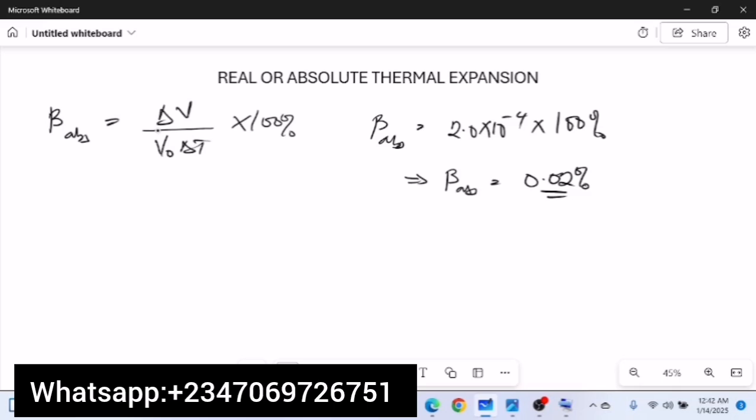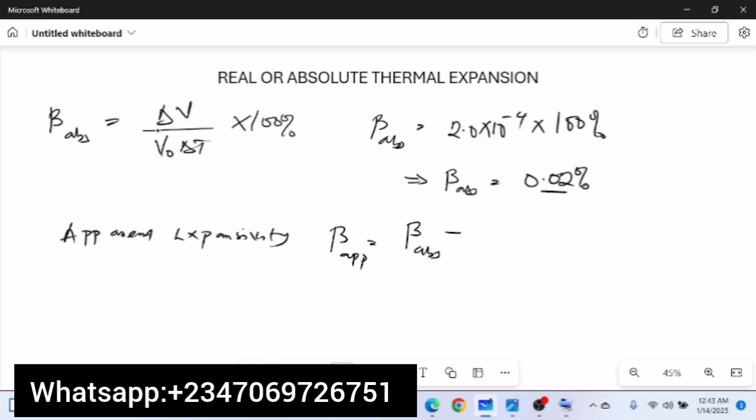So mathematically, apparent expansivity, beta apparent, is simply equal to the difference in real expansivity or absolute expansivity, so beta absolute, minus the container expansivity.